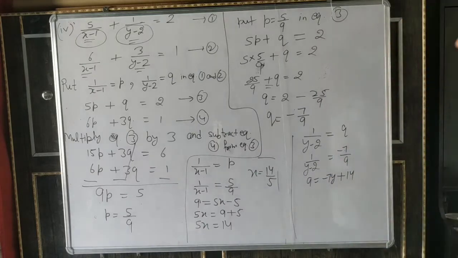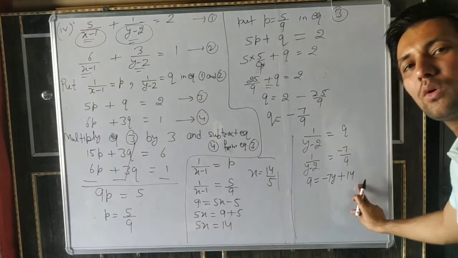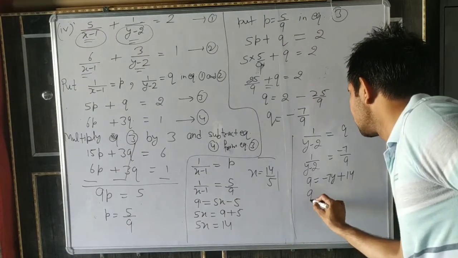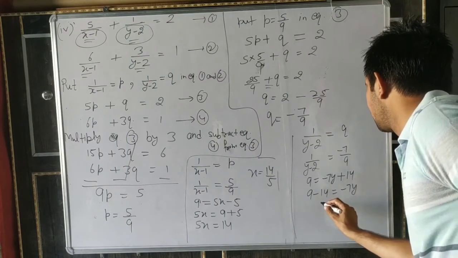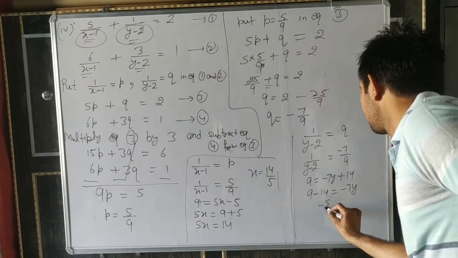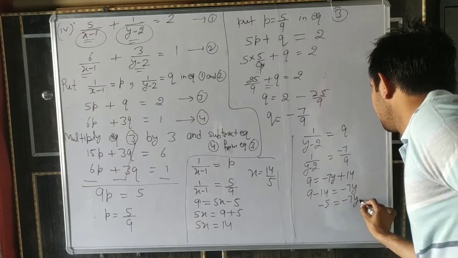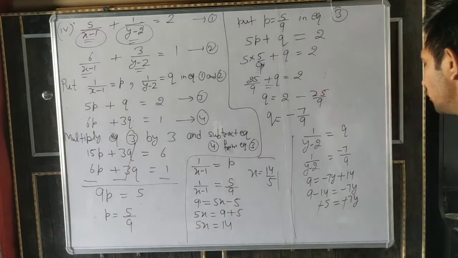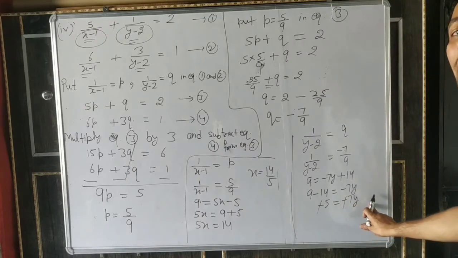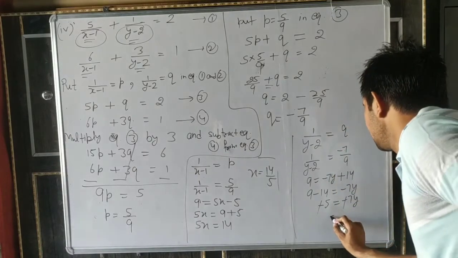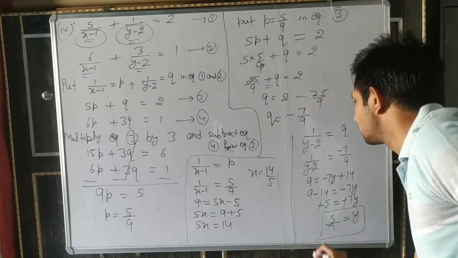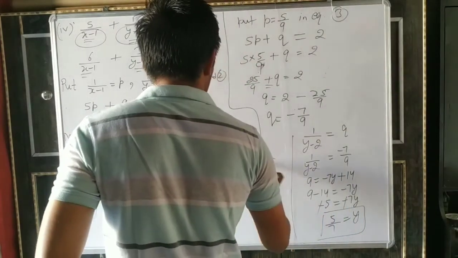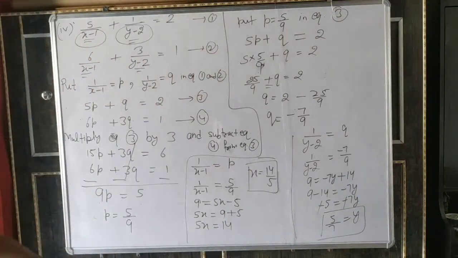We want to find the value of y, so 9 minus 14 equal to minus 7y. So minus 5 equal to minus 7y. Negative, negative, positive. So y value is 5 upon 7 and x value is 14 upon 5. So this is your answer.